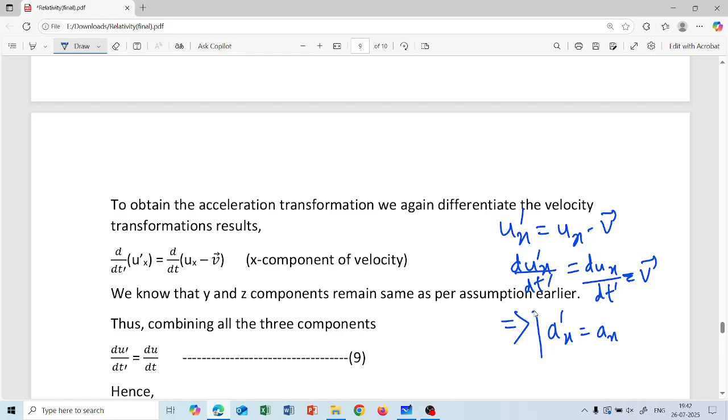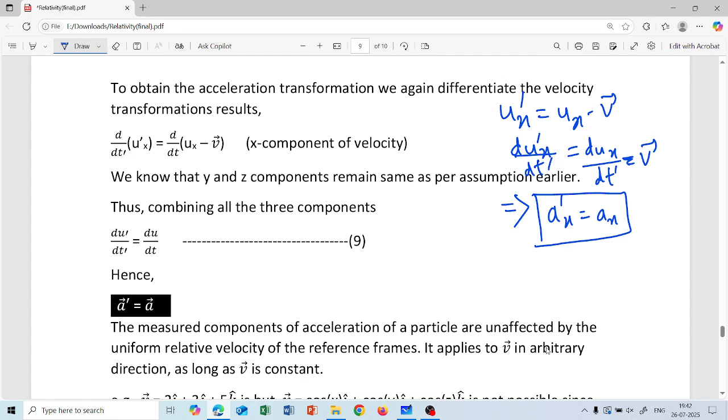So acceleration doesn't change in inertial frames, since the velocity is constant. The frame of reference s prime is moving with constant or uniform relative velocity.